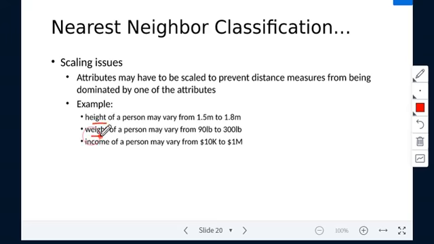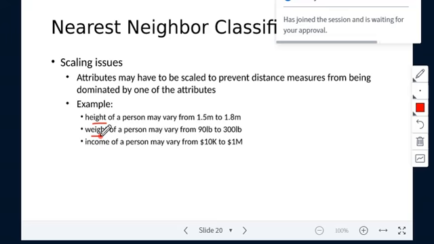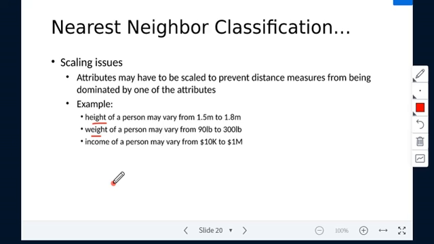Height is measured in meters and weight in pounds. The height attribute has a low variability, ranging from 1.5 meter to 1.8 meter, whereas the weight attribute may vary from 90 lb to 250 lb.